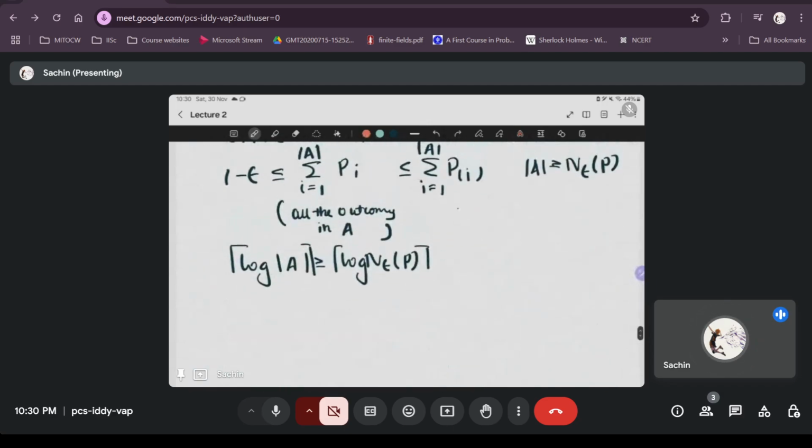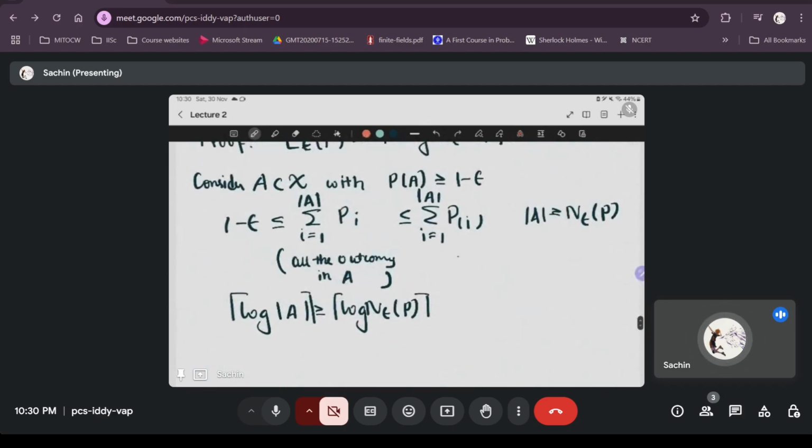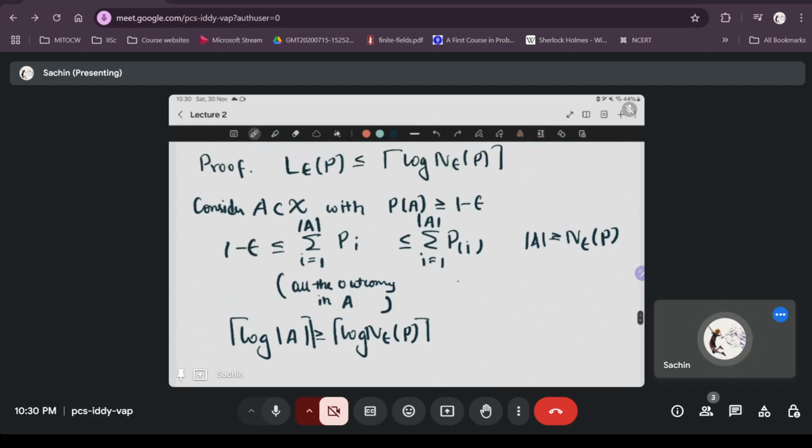So this ceiling of log n epsilon of p is less than or equal to ceiling of log A for any high probability set A. So it will also be less than or equal to ceiling of log A for the minimal high probability set.